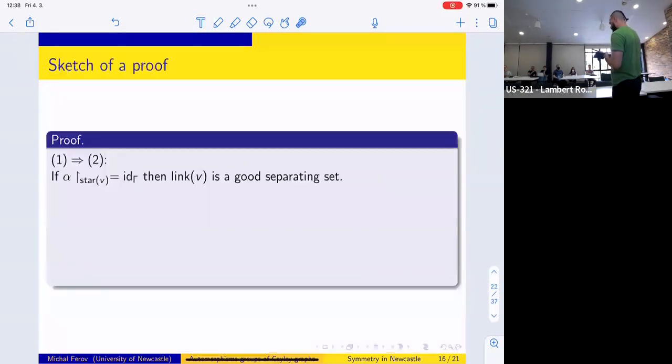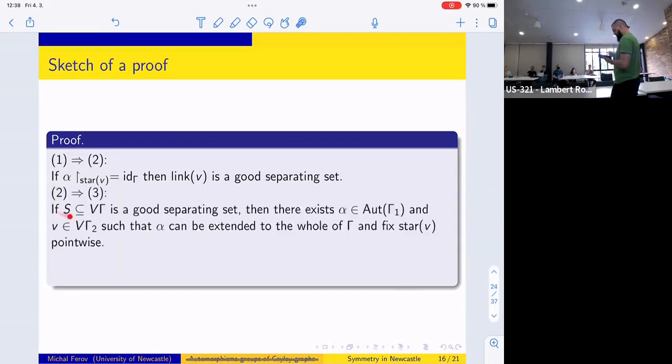And you can sketch the proof, it's super easy. If I have something that fixes a star, then clearly the link, all the neighbors of that vertex, form a good separating set, right? Because they separate the vertex from the rest of the graph, and you can move the rest of the graph, and the link is not moving.